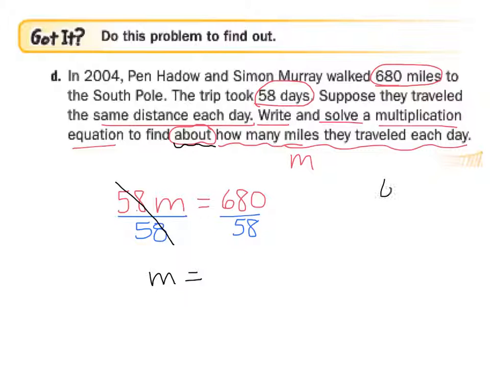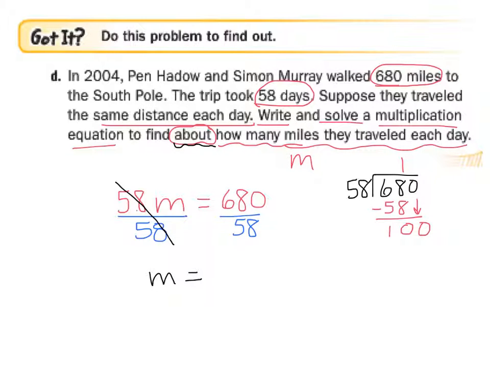We take 680 and divide by 58. I know that 58 goes into 6 0 times, but it can go once into the 68. And when I subtract, I get remainder 10, so I bring down the 0.